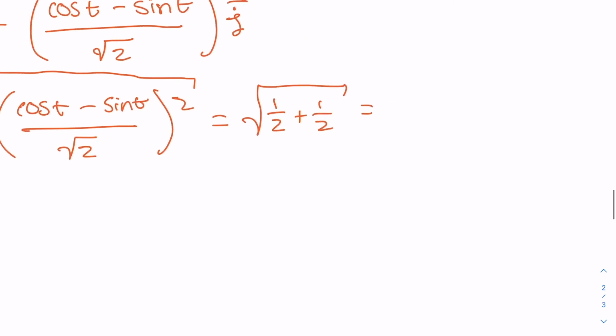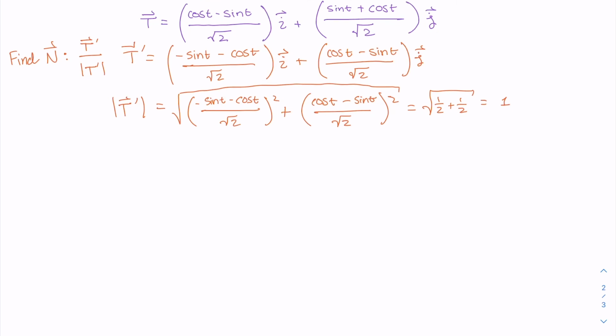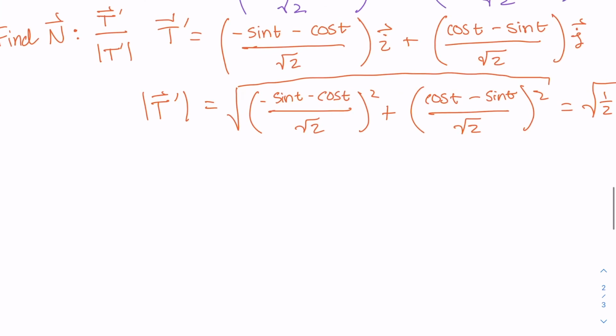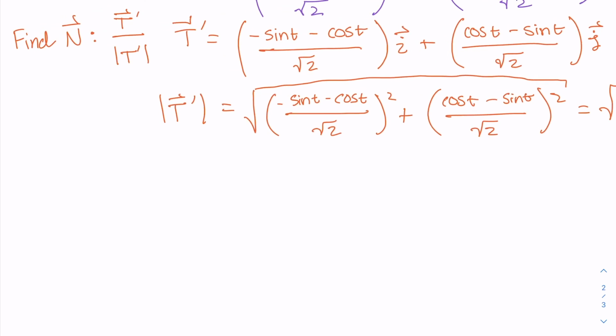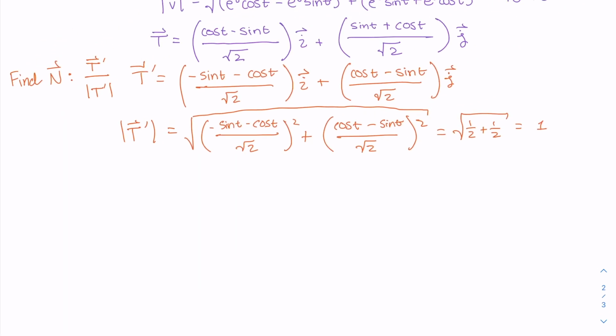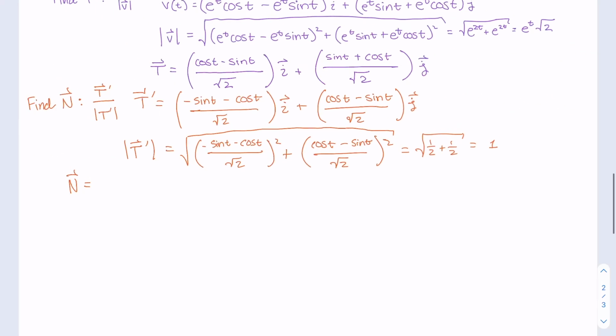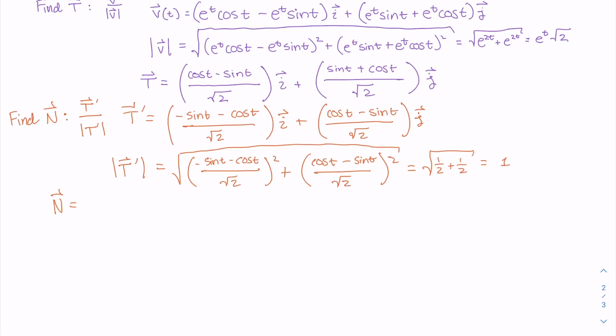So conveniently, the magnitude of the derivative of the unit tangent vector everywhere is just 1, excuse me. We always know the magnitude of the unit tangent vector itself is 1. We just found the magnitude of its derivative everywhere. So now, to construct the unit normal vector that points orthogonally, we just need to divide this by 1.